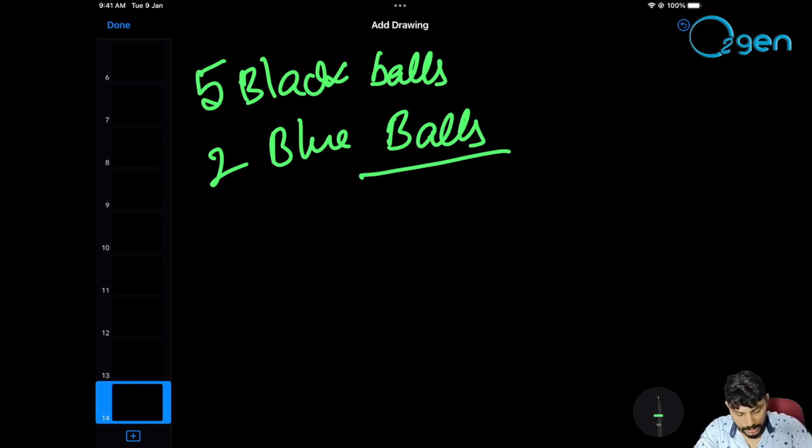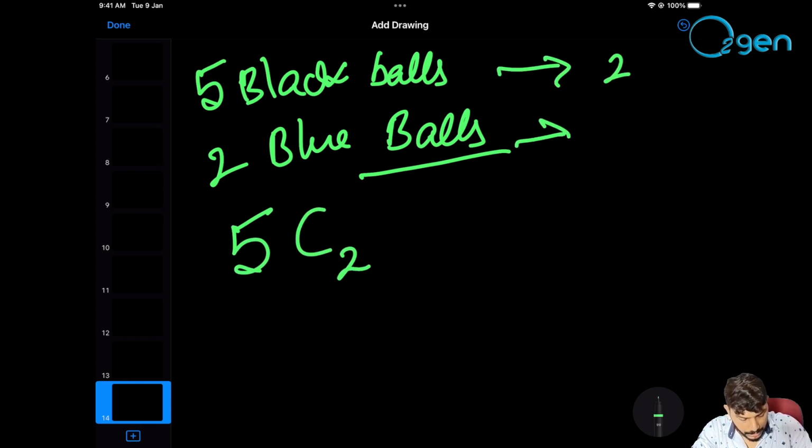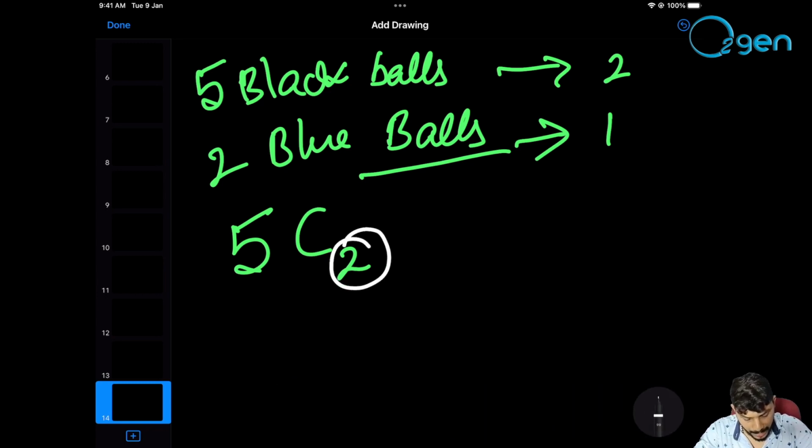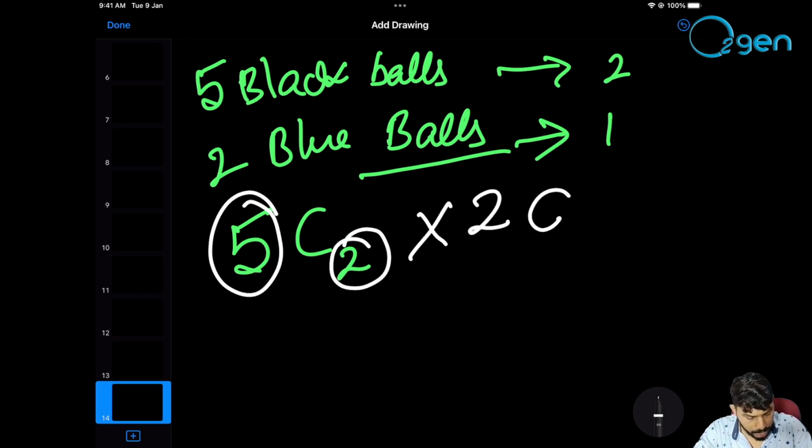What is the combination? We choose 2 out of 5 black balls, and out of 2 blue balls, we choose only 1. That means 5C2, selecting 2 black balls out of 5, into 2C1, selecting 1 blue ball out of 2.